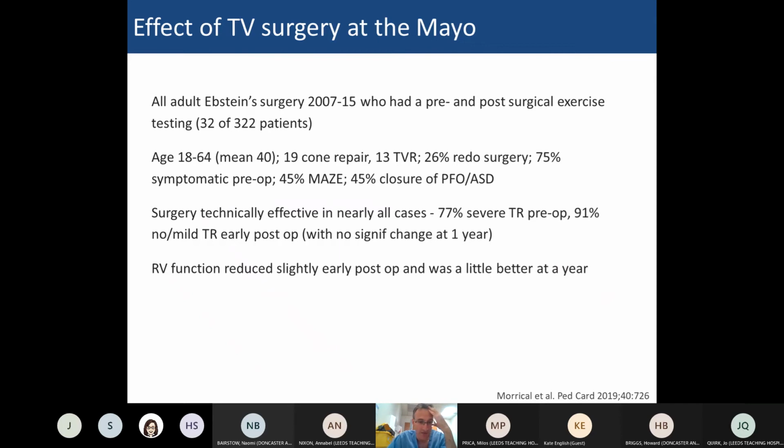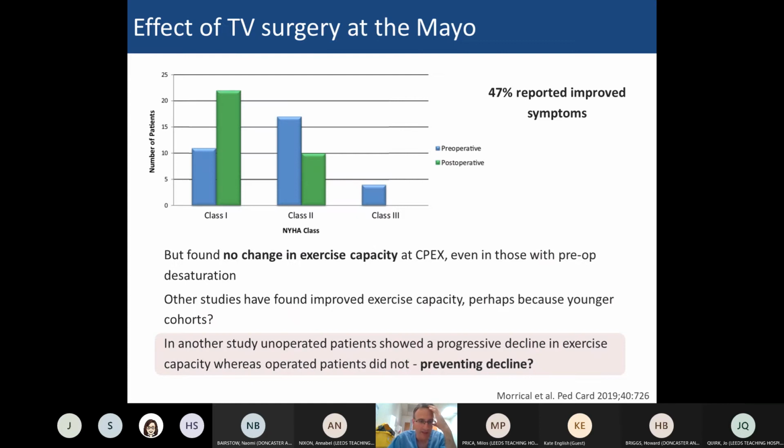RV function seemed to reduce slightly early post-op and was a little better at a year. And then in terms of the effect on the patients, the chart here shows functional class. So blue before, green afterwards. You can see all of the class 3 patients have shifted down to a lower class, and you're basically improving NYHA class quite consistently.